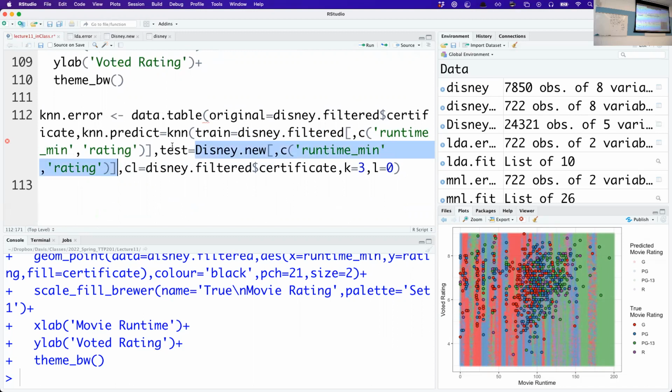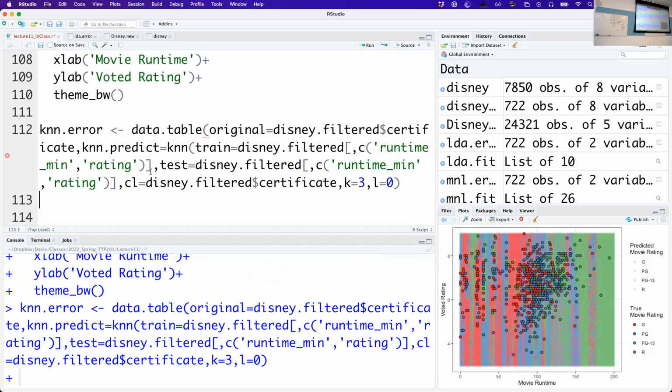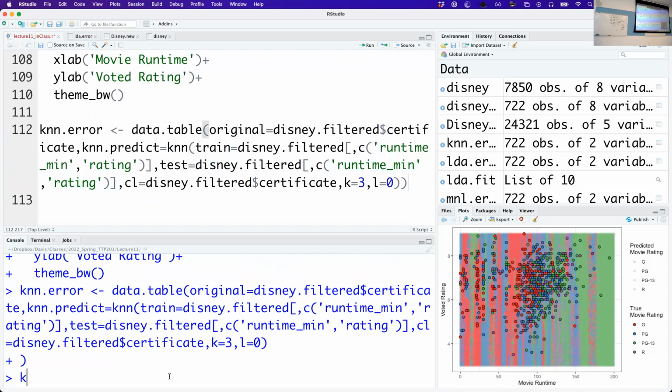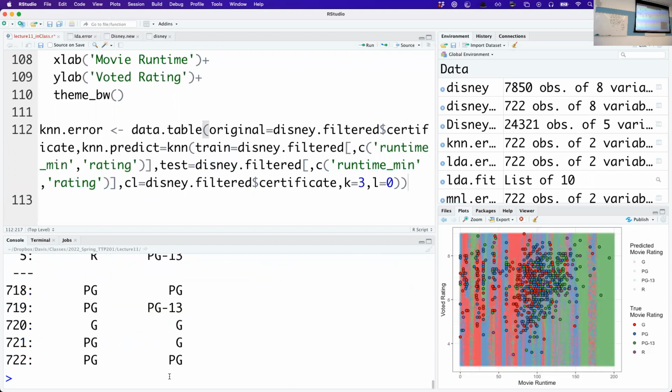Oh, dang it. Accidentally hit Control-C instead of Control-V. So we'll copy that again. Okay, I think this will work. Parentheses at the end. Okay, sweet, that did work.